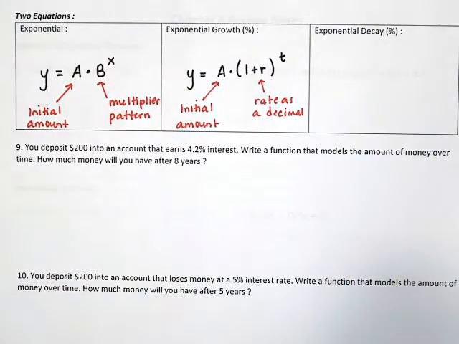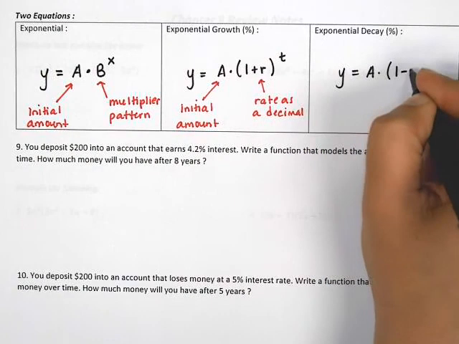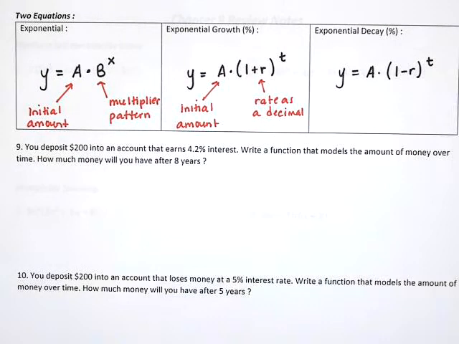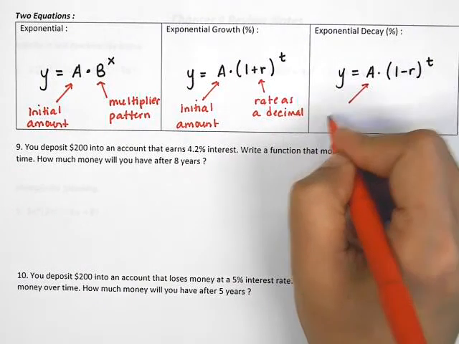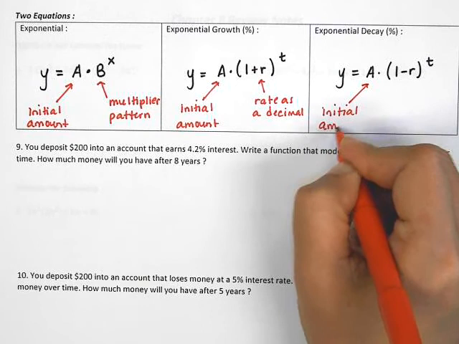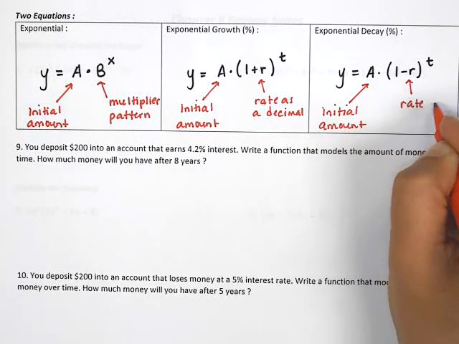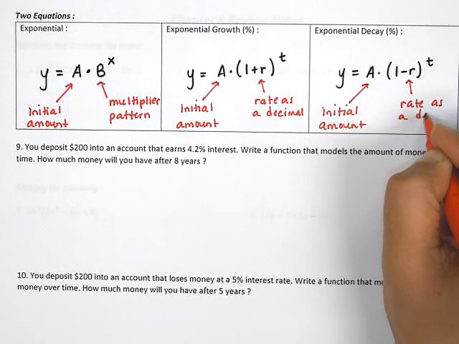And decay is y equals a times 1 minus r to the t power. A is still your initial amount, and r is your rate as a decimal.